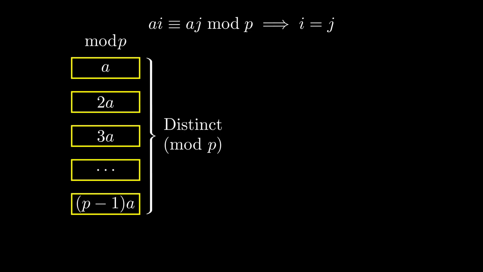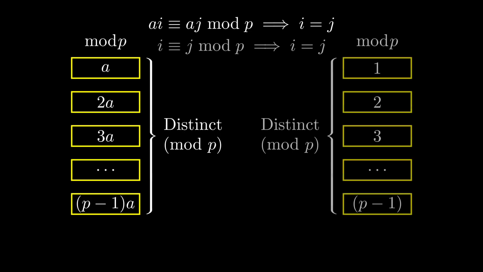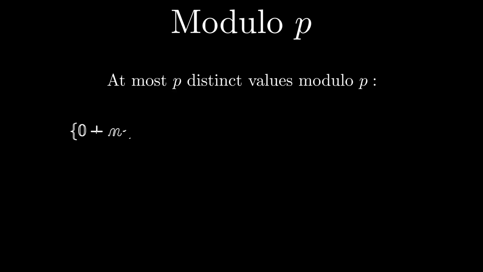Okay, so now returning, we need just one more important piece of information, and it's in modulo p. In modulo p, there's at most p distinct values, namely the ones you see on the screen.